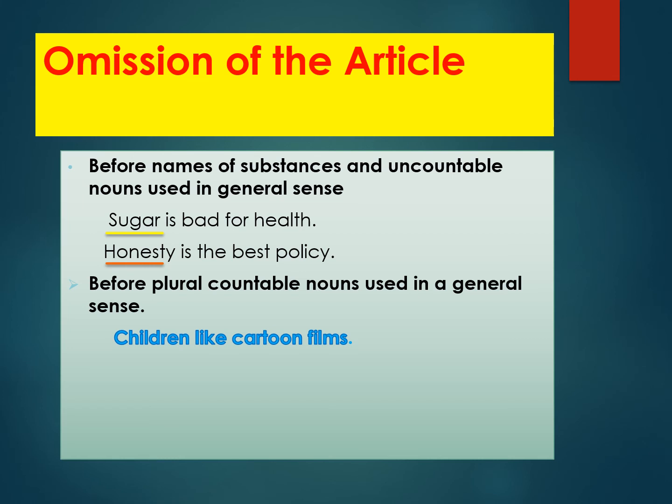Here, children is a plural countable noun. Films is also a plural countable noun. But children is used in general sense. So, before children, the article is omitted. Before films, the article is omitted.